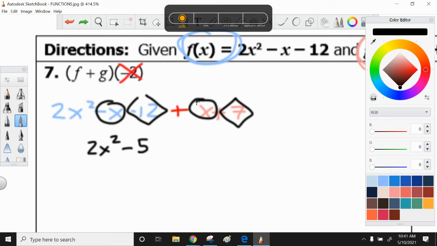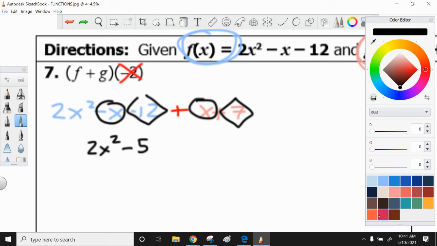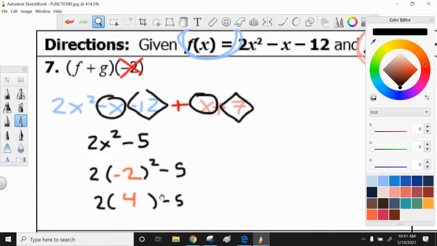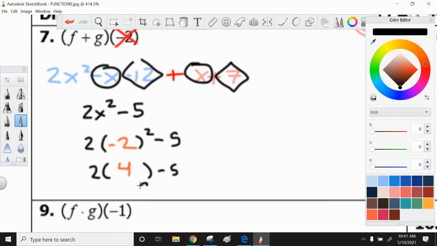But x has been replaced with a negative 2, and so now I need to do 2 times x squared, which is a negative 2. That would be 2 times 4, because negative 2 squared is a positive 4, minus 5. That would be 8 minus 5. That would be 3.